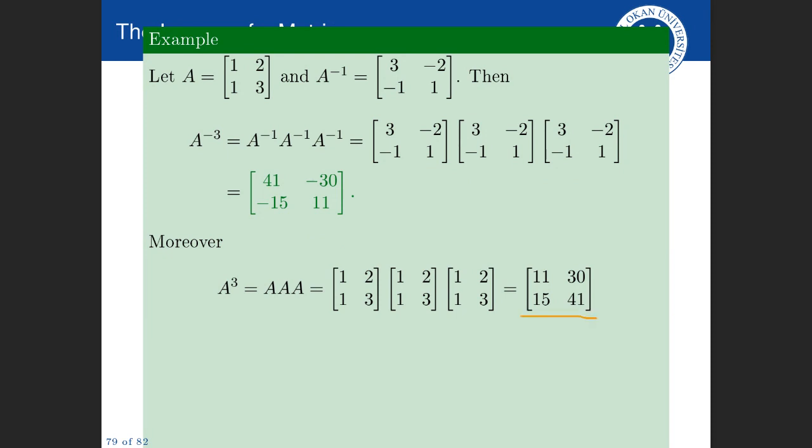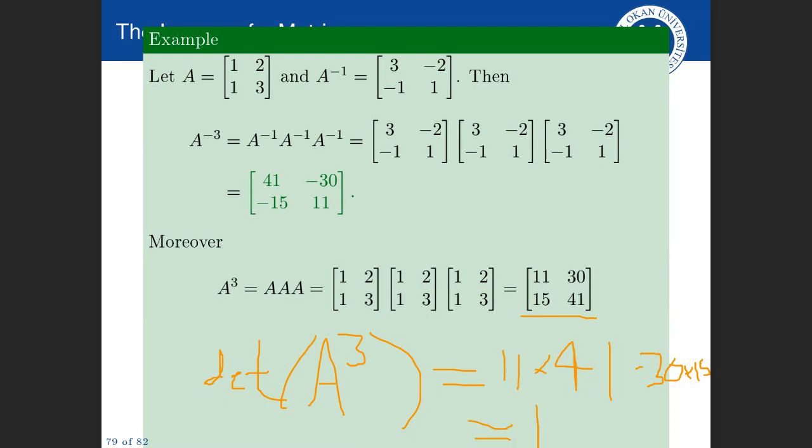And then I want to find the inverse of A to the power 3. So I need its determinant. Determinant of A cubed, that's 11 multiplied by 41 minus 30 multiplied by 15. And if you have a calculator handy, you can check that is equal to 1.